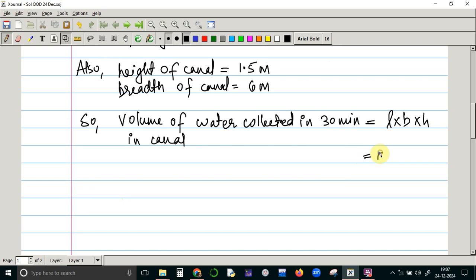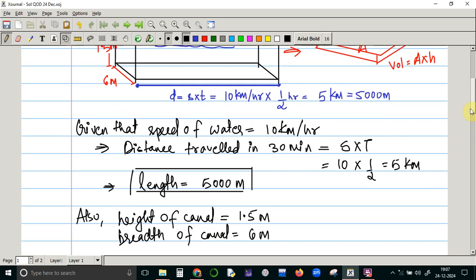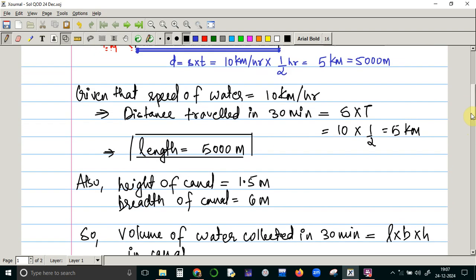Length is 5,000 into 6 into 1.5. 1.5 is 3 by 2 and 6, so this is 9. So 5,000 into 9, it is 45,000 meter cube.